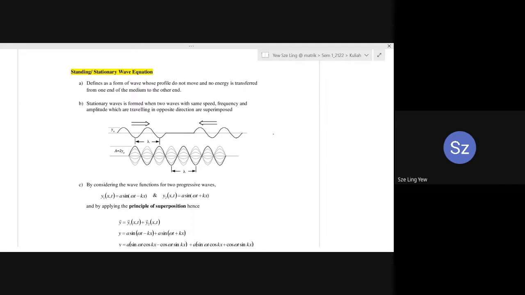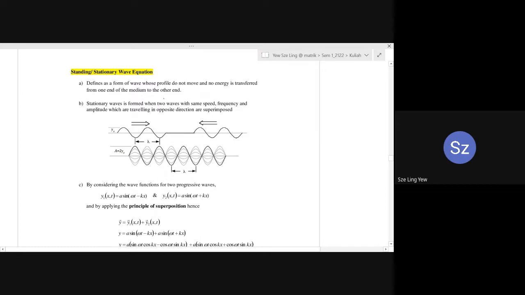Previously in the first subtopic, we were looking at progressive waves. So now we're going to see if we have two progressive waves, one coming from the left-hand side and one coming from the right-hand side, what happens when they overlap, when they meet each other?